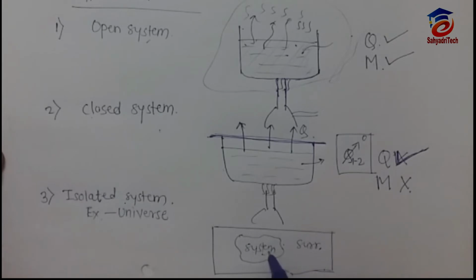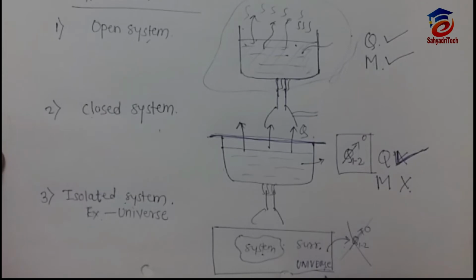Mass can transfer from the system to surroundings, or from surroundings to system, but we cannot transfer anything beyond this universe. So what we learn is that we cannot transfer anything from the system to beyond the surroundings. That is impossible.